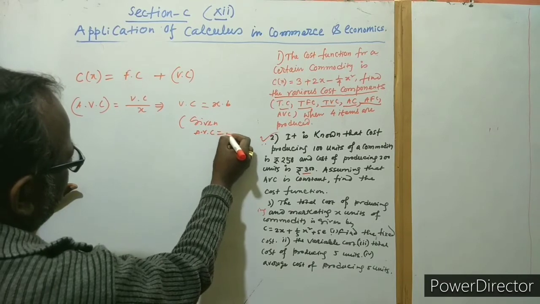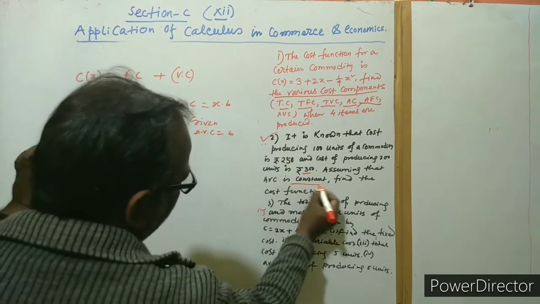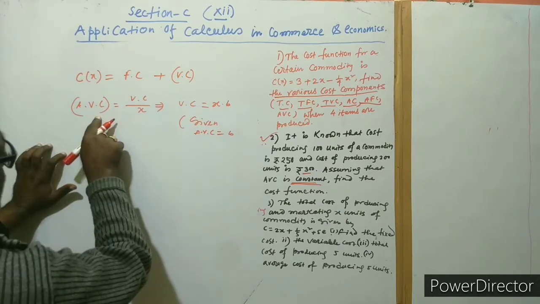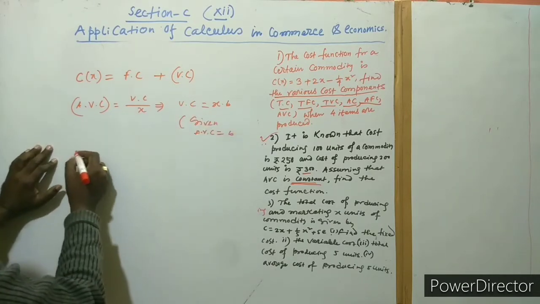Given that the average variable cost is a constant, so let us assume it is B, where B is a constant. So VC is xB.